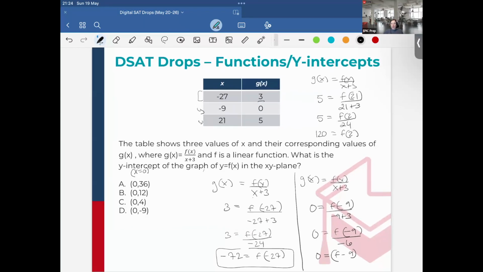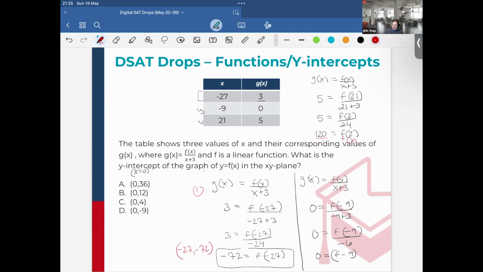Okay, so now I have all these points or coordinates. I've actually written them in reverse, but just imagine this is f of x. So this is my x coordinate, and this is the y output. So here are my corresponding coordinates. For the first, this would be -27, -72.